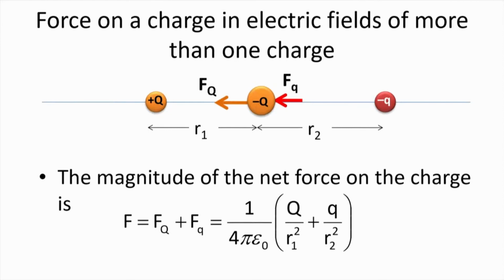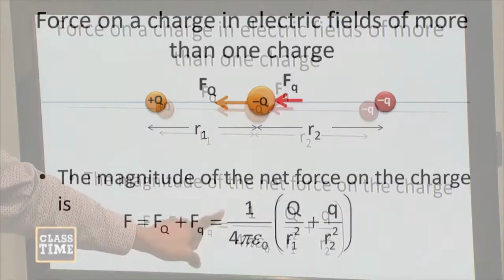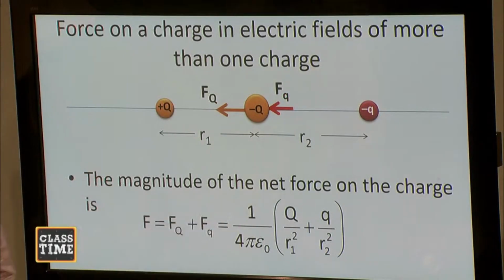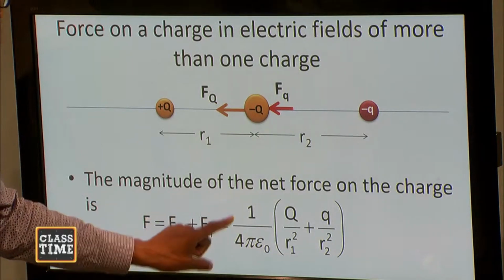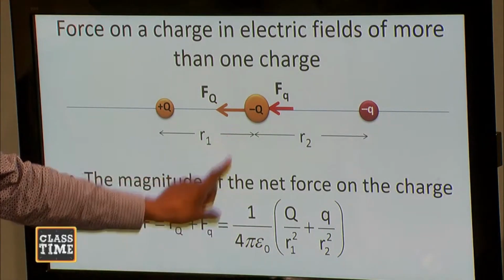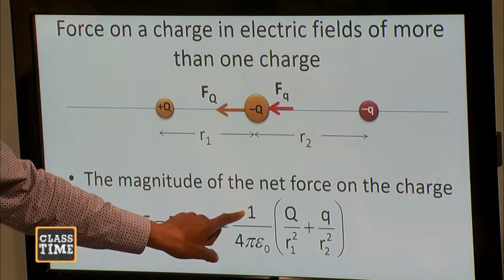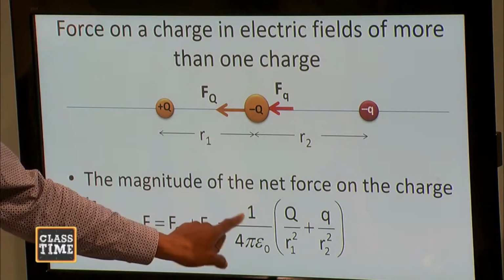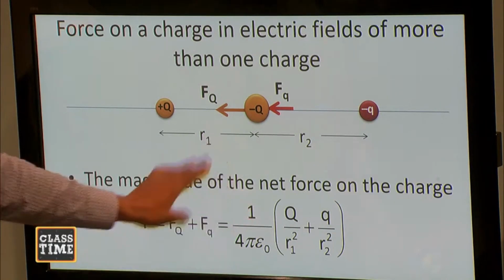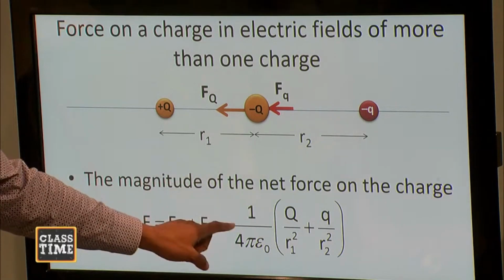F capital Q, 1 over 4 pi epsilon 0. Ooh, this is supposed to have a Q there. I want you to make a correction. This ought to have a capital Q here and not 1, because we're looking at forces.